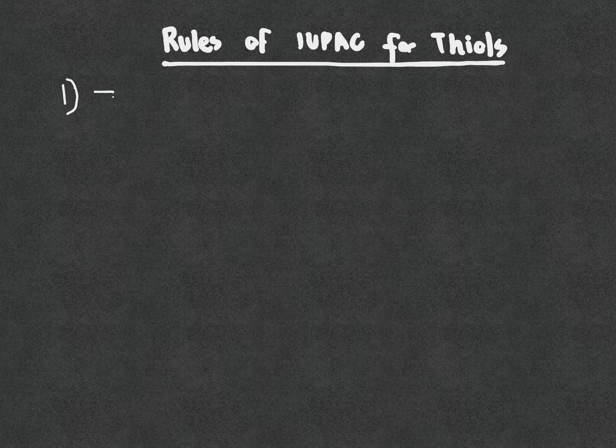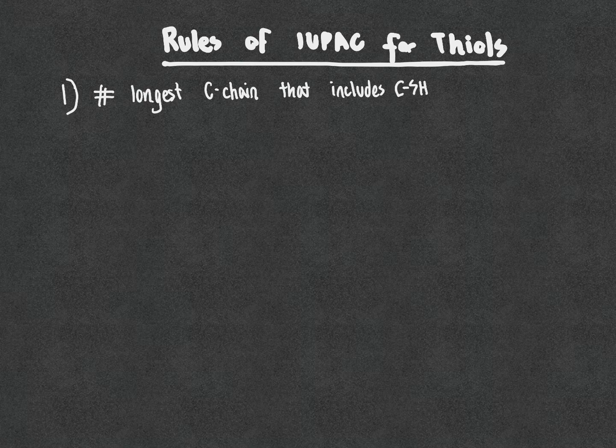So we're going to number our longest carbon chain. That longest carbon chain has to include the carbon that's bonded to the thiol group. So number the longest carbon chain that includes the SH group. So we'll start numbering that chain from the end closer to that thiol group.